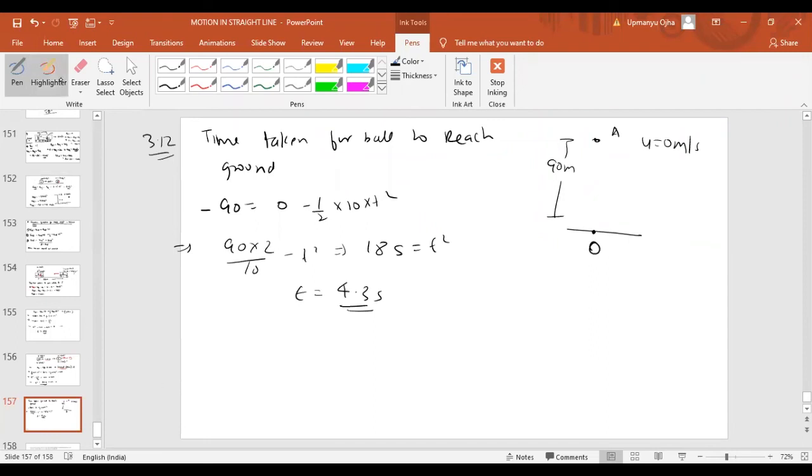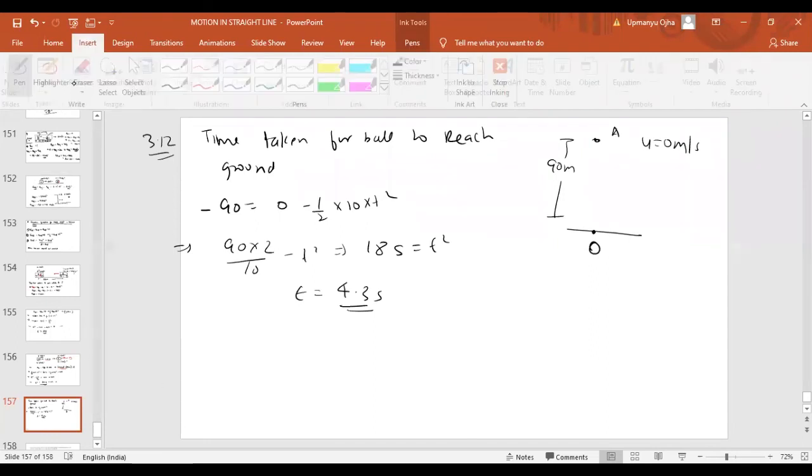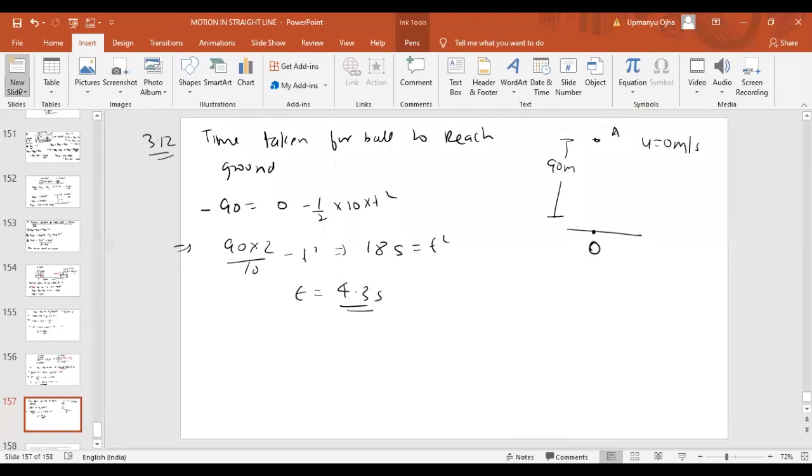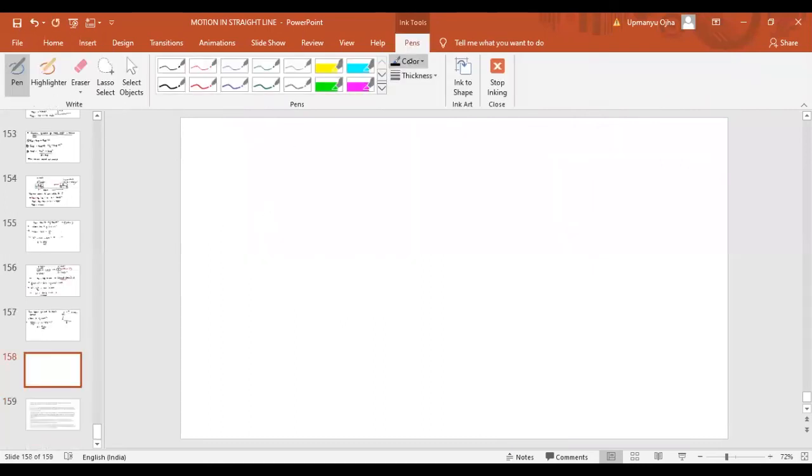So if we draw the graph here, we have to draw the graph between speed and time.